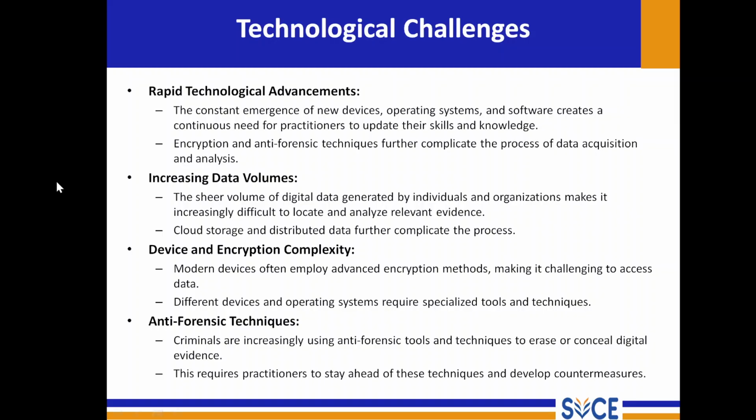The next one is increasing data volume. That is, the forensic practitioner is trying to extract evidence from the digital devices, but each and every day the amount of data generated by each and every device is increasing, right?